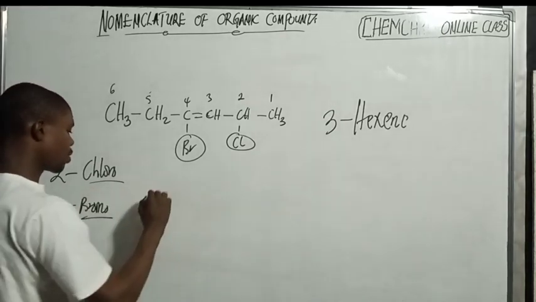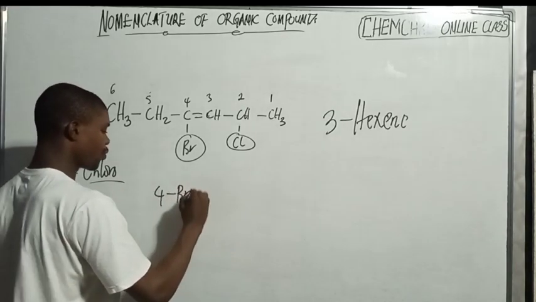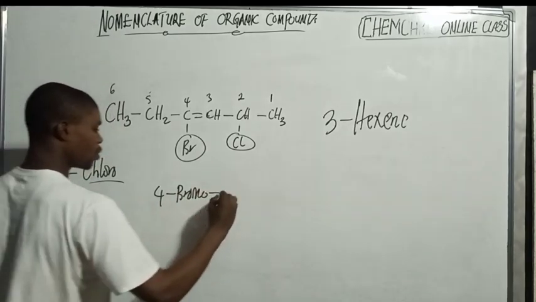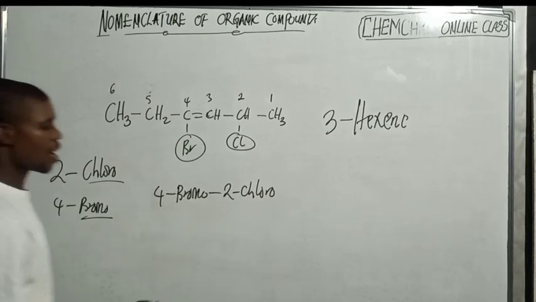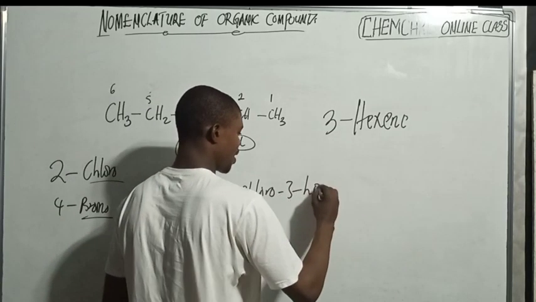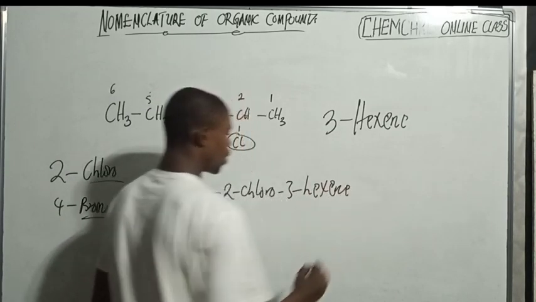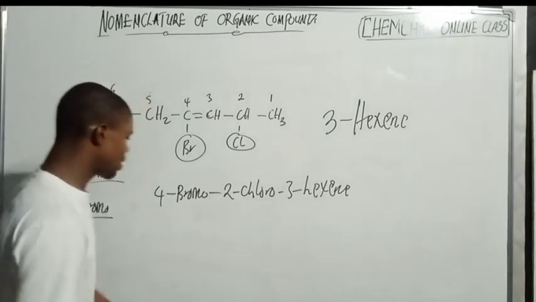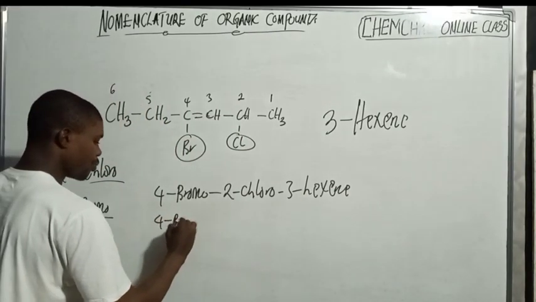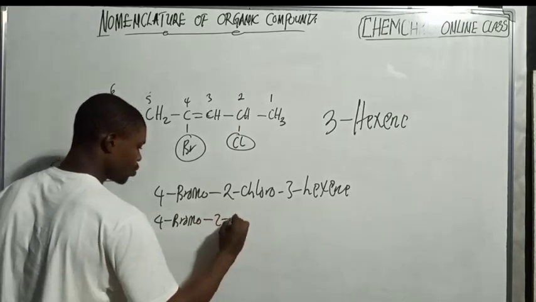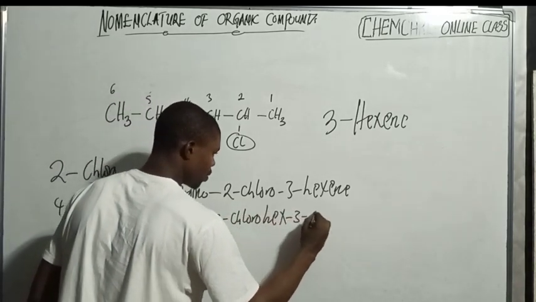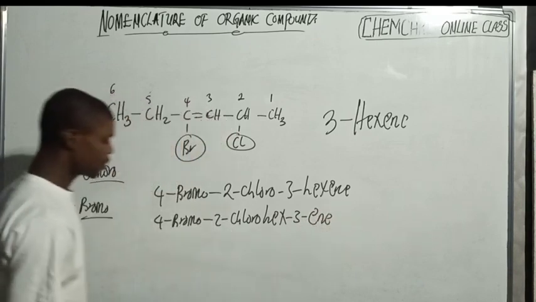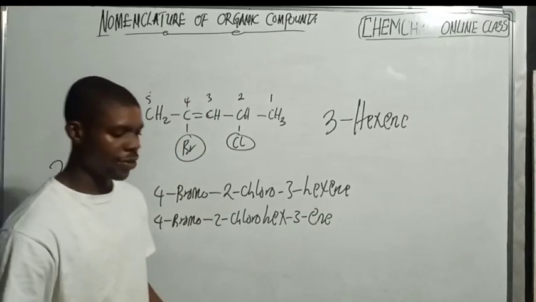So the name is going to be 4 bromo, then we have 2 chloro, then we have 3 hexene. Or you can say hex-3-yne, or you can say 4 bromo, 2 chloro, hex-3-yne. Each of them is correct.